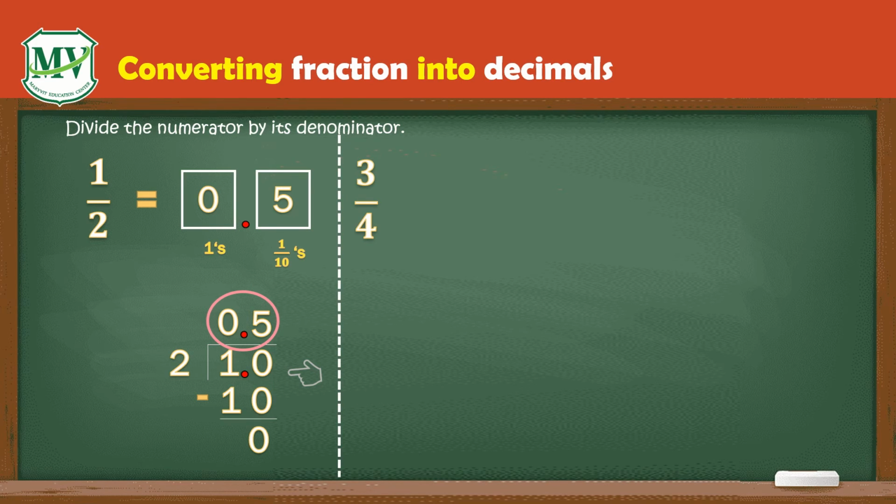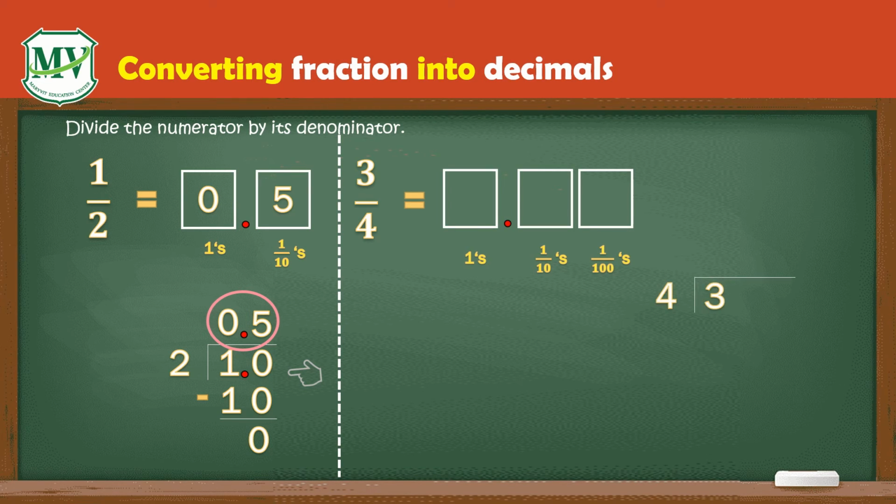Another example, 3/4. Divide 3 by 4, which is 0. Add a point and a 0 to 3. Now we have 30 divided by 4 equals 7. Again, before writing an answer, write a point, then the number 7. 7 times 4 is 28. 30 minus 28 is 2.